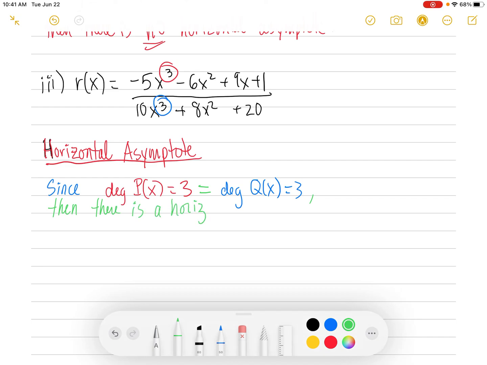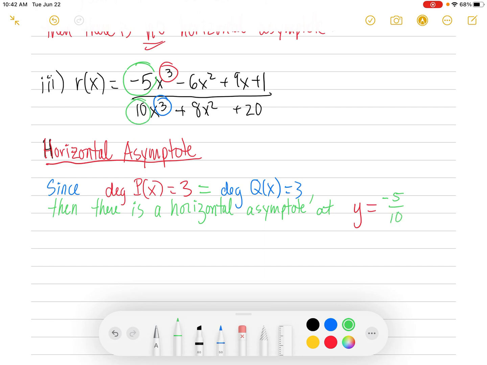then that means there is a horizontal asymptote at y equals, so you're going to take the ratio of the leading coefficients. The ratio of the leading coefficients.